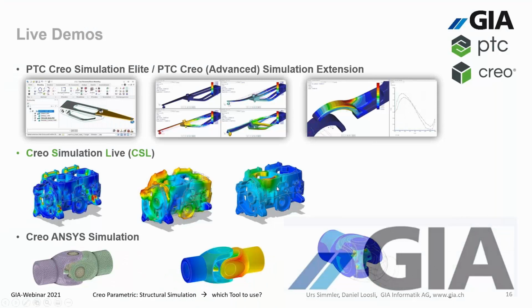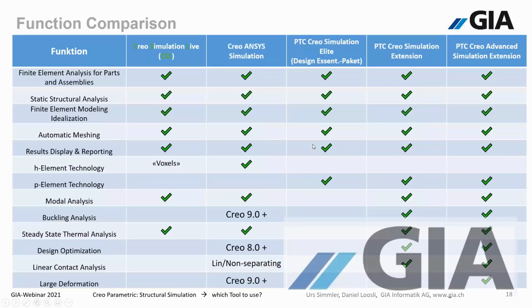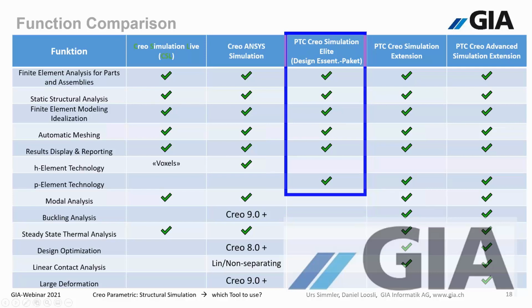So we saw right now the live demos of the different products. And here I also added a function compare table. At the beginning we saw, let's say, PTC Creo Ansys Simulation, where we just could do some static analysis with parts and assemblies.